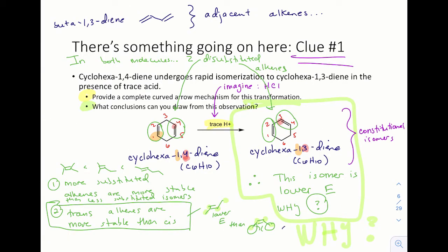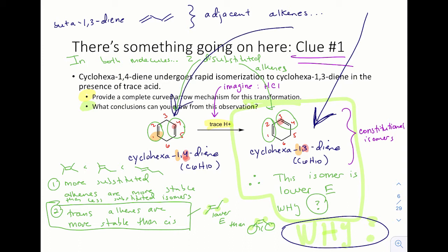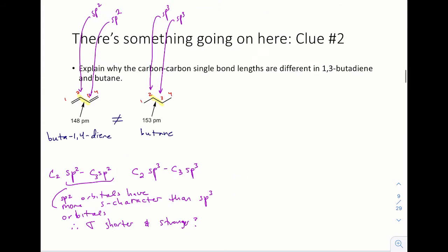We can finally explain why cyclohexa-1,3-diene is lower energy than cyclohexa-1,4-diene. Because in the 1,3-diene, the pi electrons occupy these lower energy multi-centered pi molecular orbitals. They're in psi naught and psi 1 instead of just 2 normal old higher energy overall boring pi orbitals. Great, we did it. Let's move on.